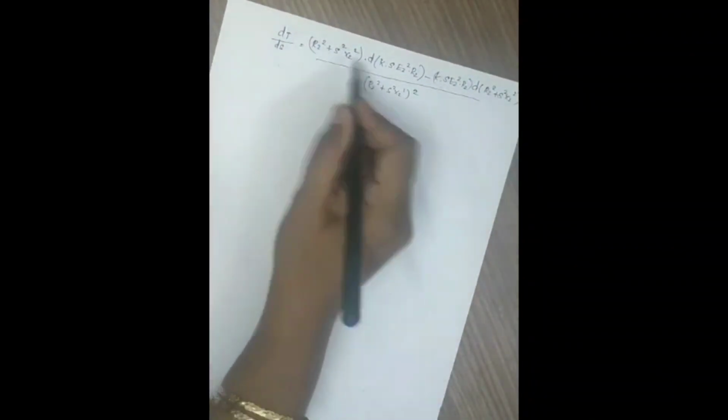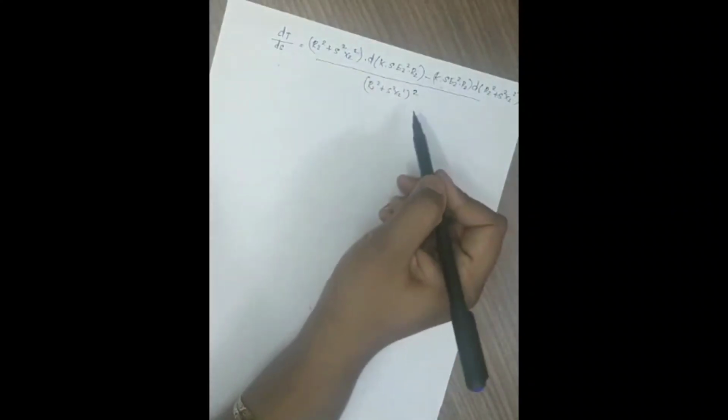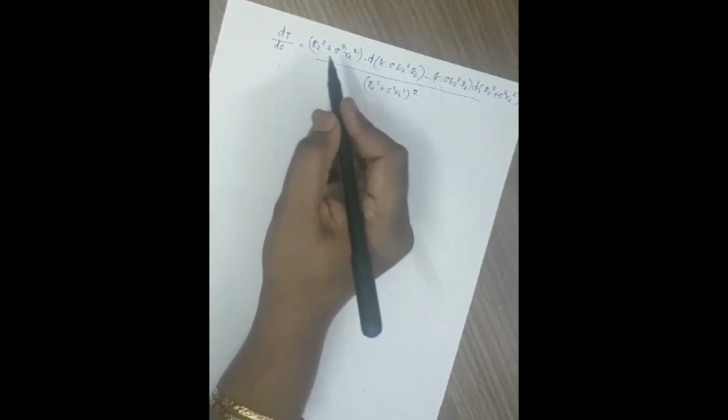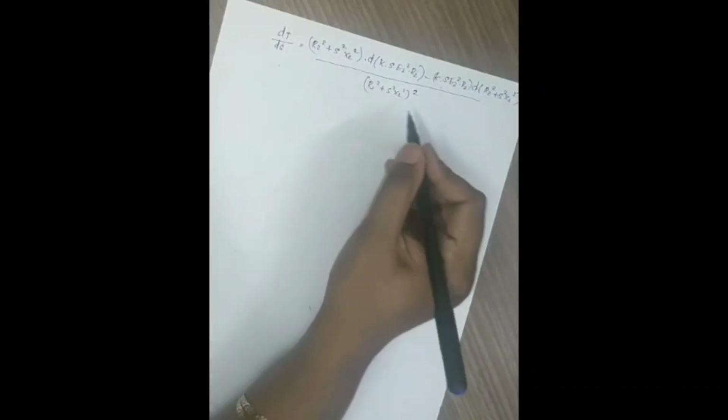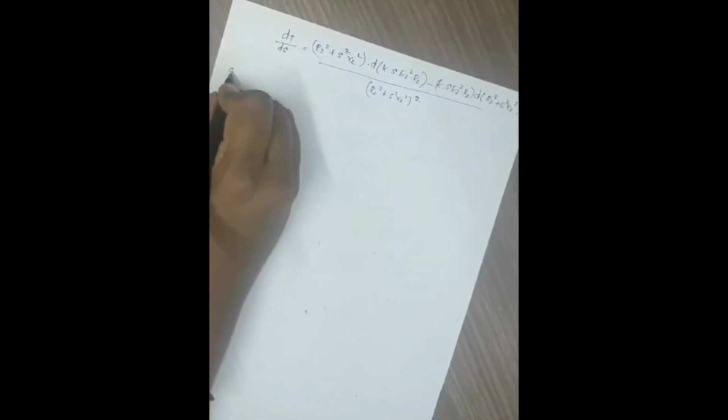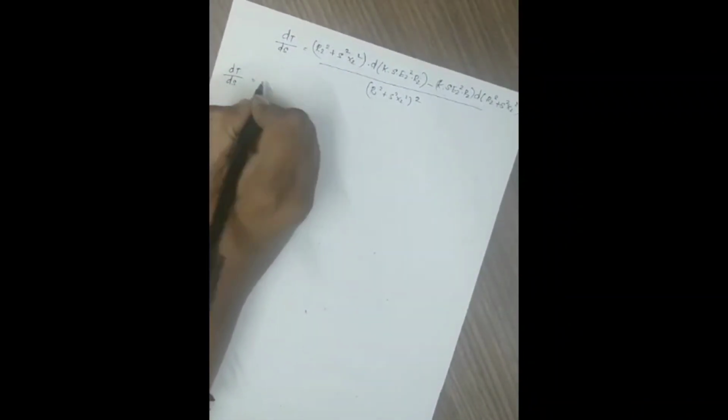So from the running condition equation we've just substituted in the formula (v du minus u dv) divided by v squared. Now we have dt by ds on the LHS.